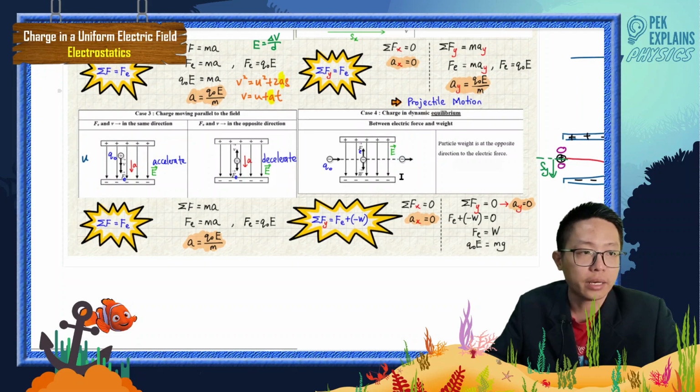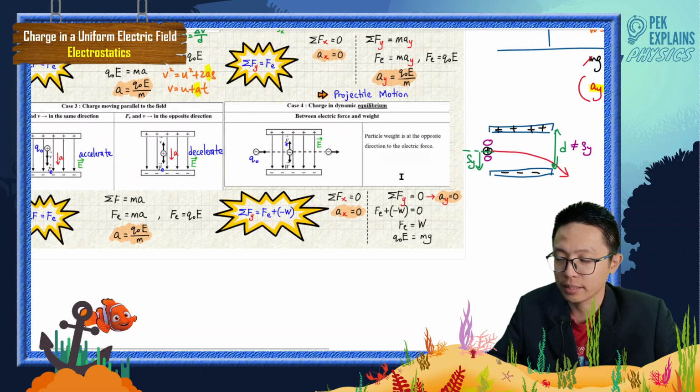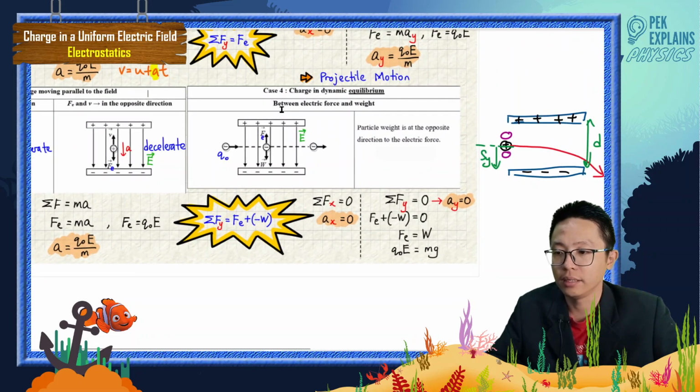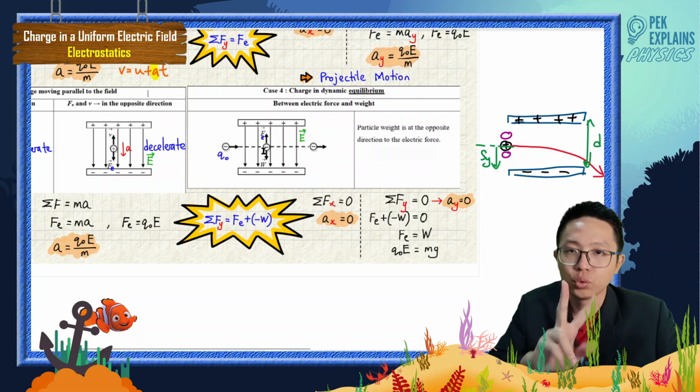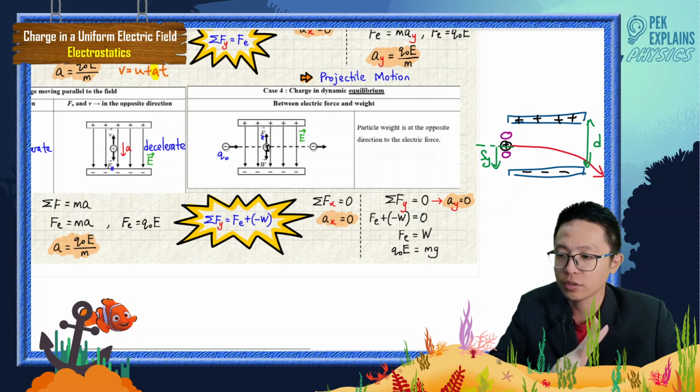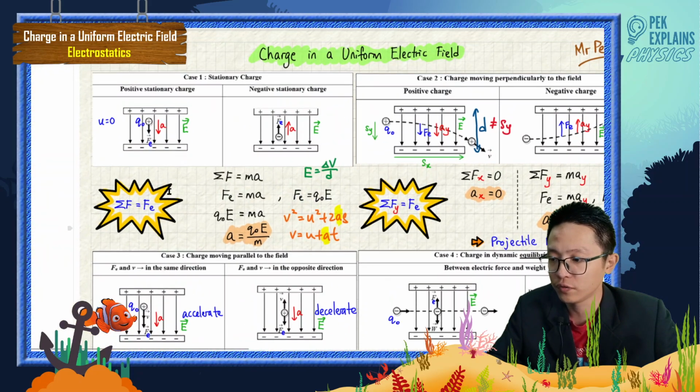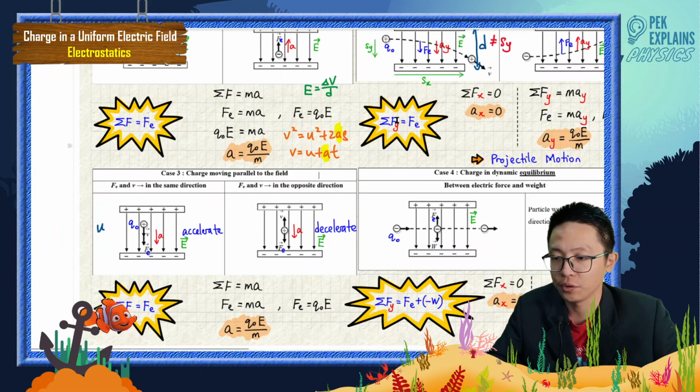Okay, and then lastly, the last case is a charge in dynamic equilibrium. For example, now you have two forces. Last time there was only one force, only the electric force.